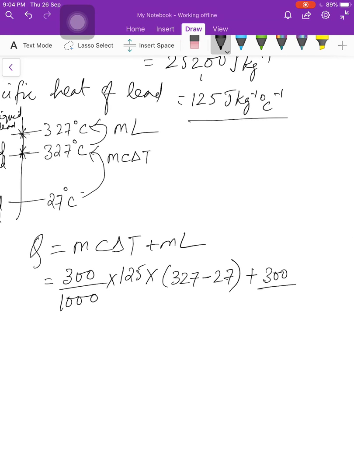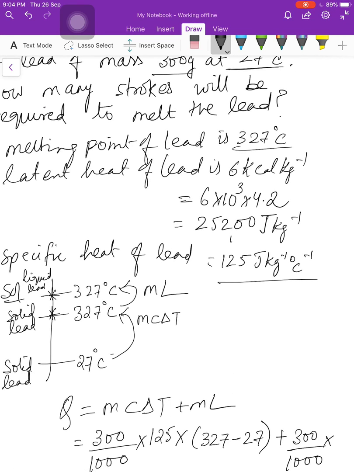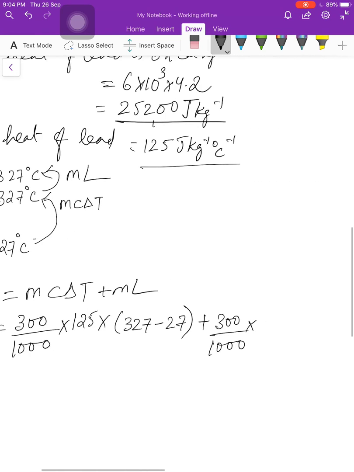Again mass is 300 by 1000 to convert to kg, and the latent heat is here, this 6 into 4.2, 25200 in SI. So let us calculate.